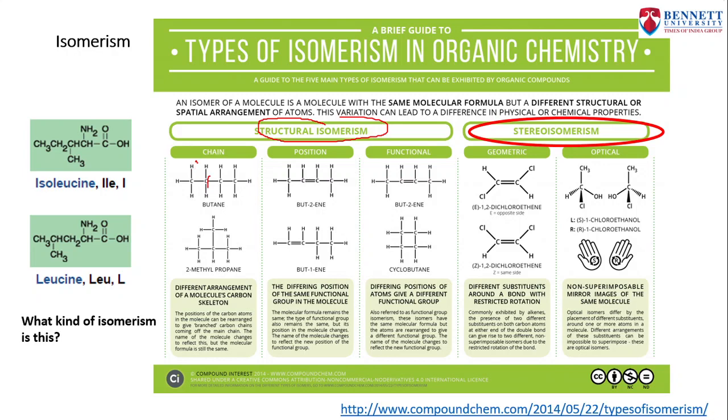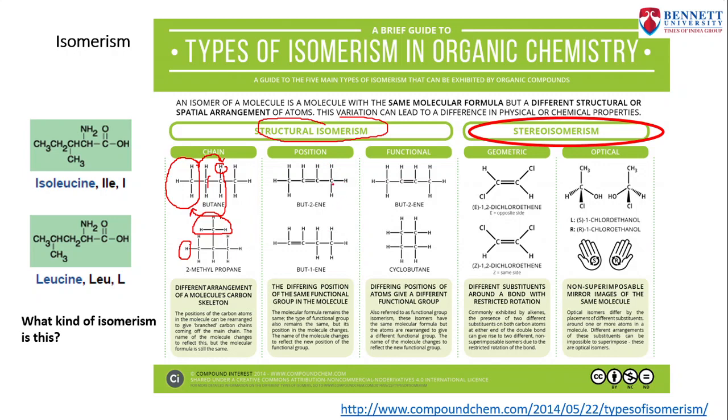For example, this CH3 methyl group moves to this position, and this hydrogen moves to this position. This is a structural isomerization, butane versus 2-methylpropane.